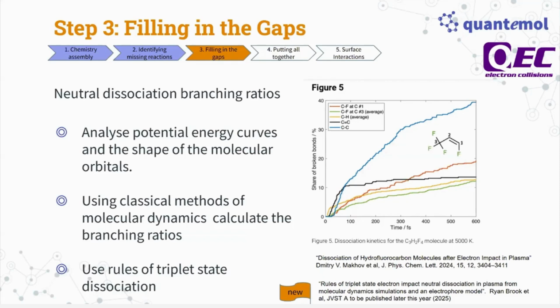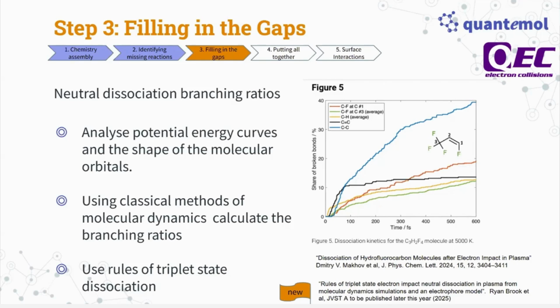It's very much expert driven, so it's qualitative, and it depends on the person doing it, their experience and knowledge. They look at the shape of molecular orbitals and energy curves, and they suggest which branches are likely to break up. However, it's less than ideal for very large molecules because there are many options there.